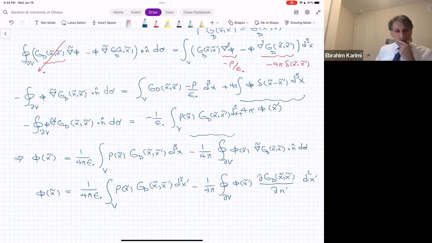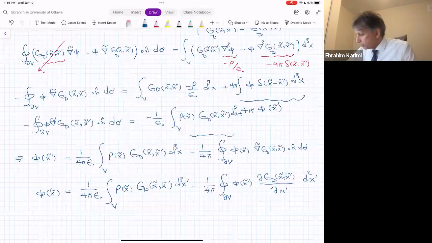Okay, so for the Dirichlet boundary condition, remember GD on the surface is 0. Not necessarily the derivative or directional derivatives will be 0. Okay, clear? So that is the relationship that we ended up with.